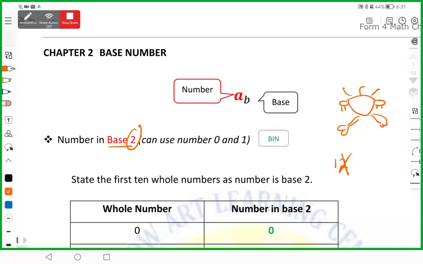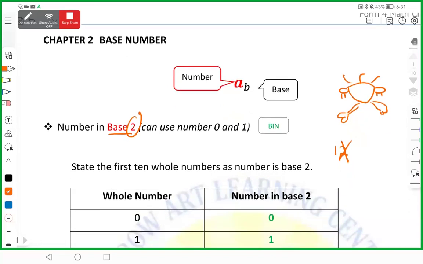So the first number, 0, in base 2 is also 0. The next number, 1, is 1, of course. But if we proceed to write 2, the next one, just now we already mentioned, a number in base 2 cannot write 2. So there will be an extra place value at the front.